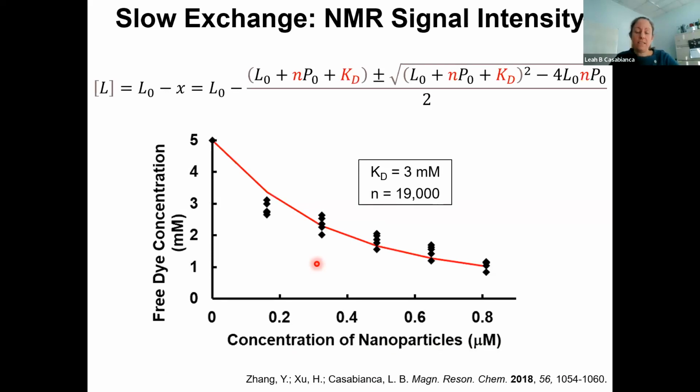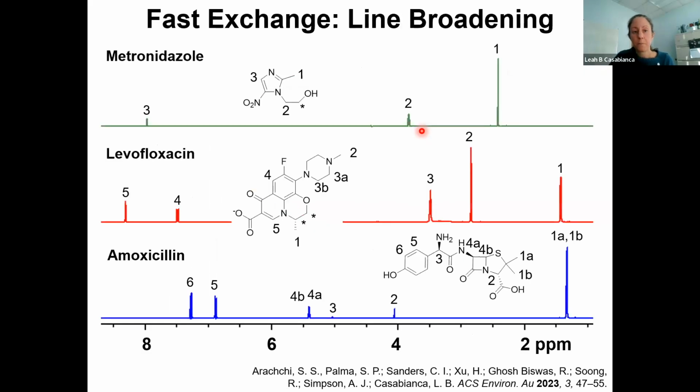And knowing that the signal intensity in NMR that we observe is going to be proportional to the free ligand concentration, we can plug that in and we can plot the free ligand concentration as a function of nanoparticles added and pull out the number of binding sites and the KD. And often we can't determine these two values independently, but if we can get an educated guess at one, we can pull out the other. In the case of fast exchange, on the other hand, what we generally observe is a line broadening.